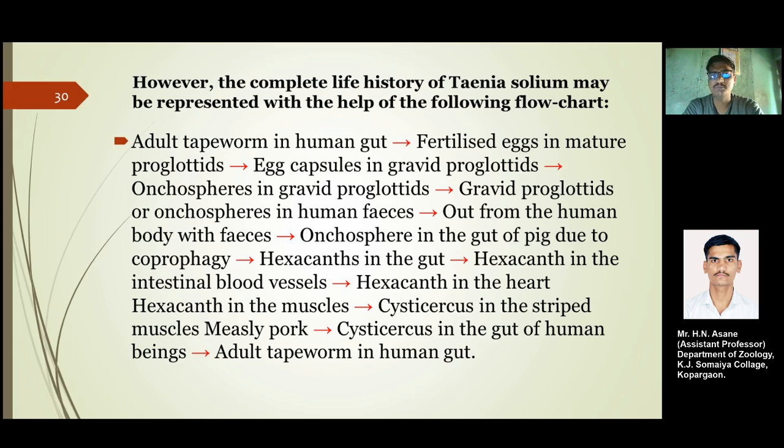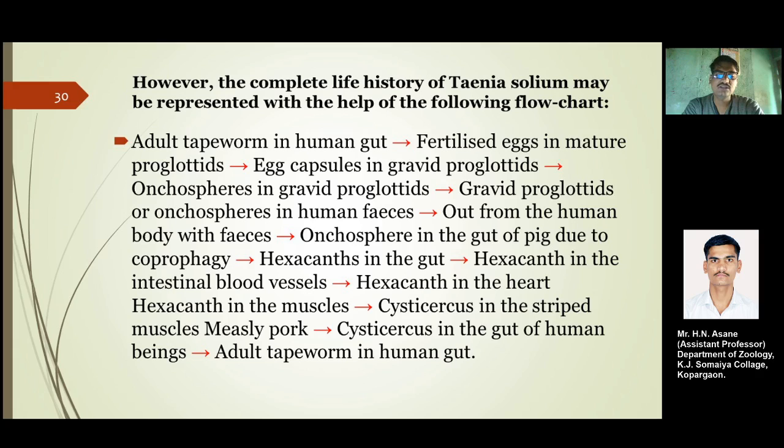Okay, that will be the pig. The cysts that come out from the human body with the feces become oncospheres in the gut of the pig due to its coprophagous behavior.